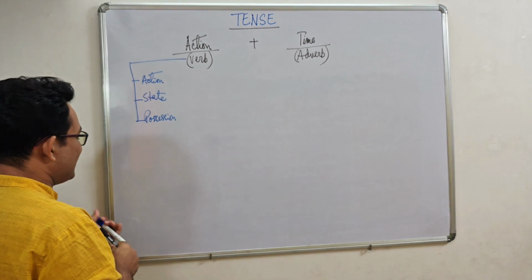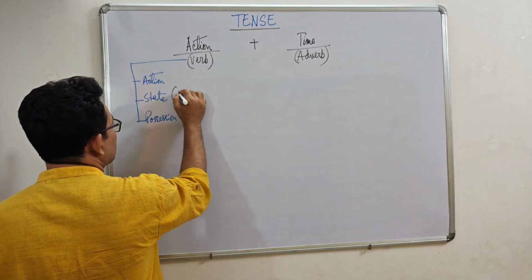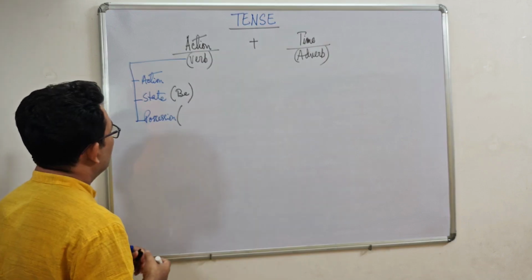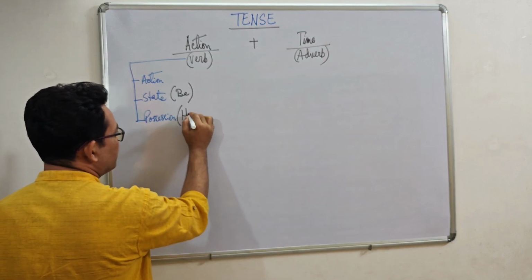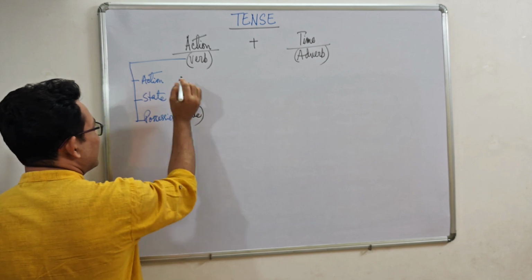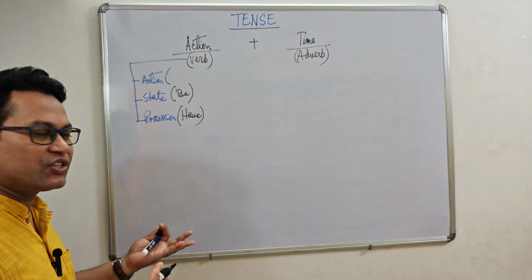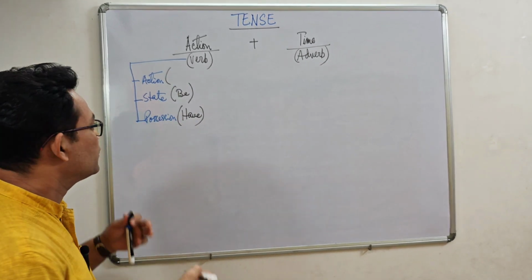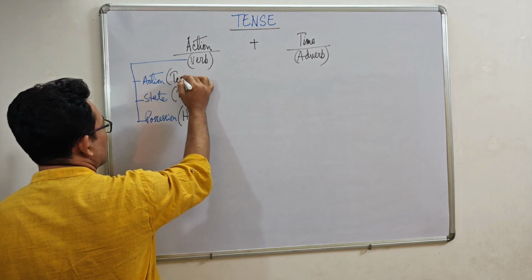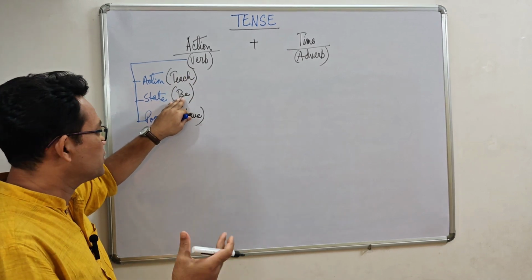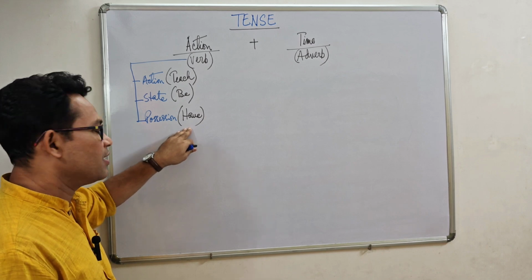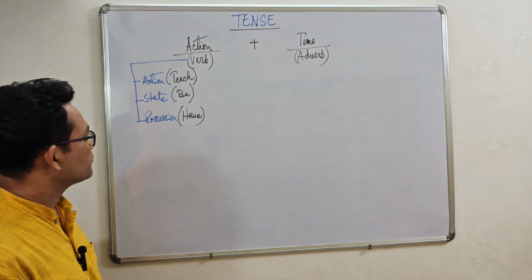State is indicated in terms of the be verbs, possession in terms of the have verbs, and action through normal action verbs like write, teach, all these. Be verbs are am, is, are, was, were. Have verbs are have, has, had.